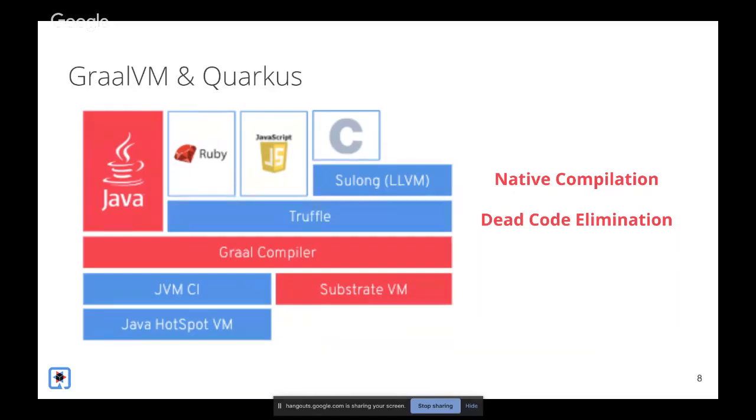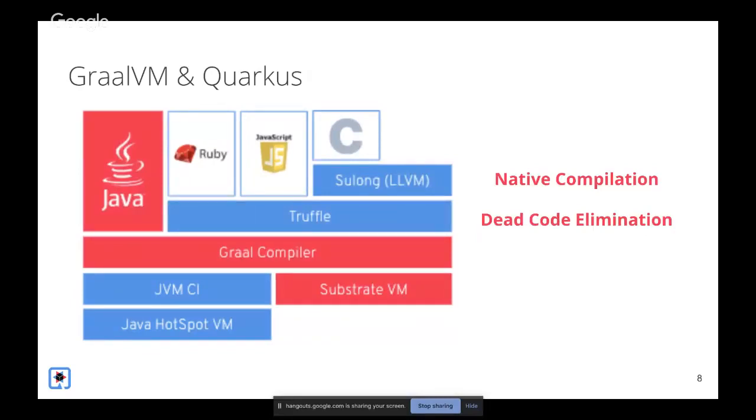Quarkus doesn't really focus on the dynamic language aspect as much, but it does utilize those red boxes that you see in this diagram, the Graal compiler, to compile it down to native code. We focus mostly on the Java language, although we do support Kotlin running on top of Quarkus as well.